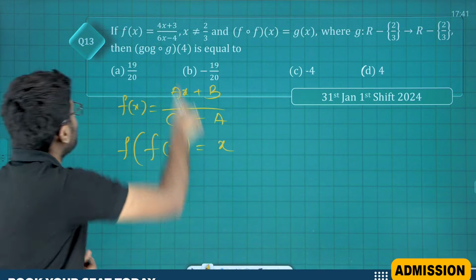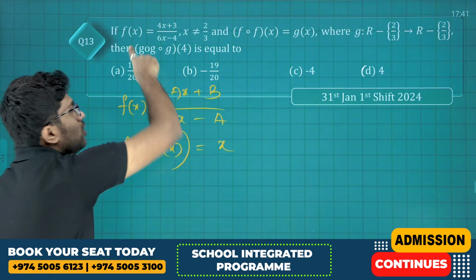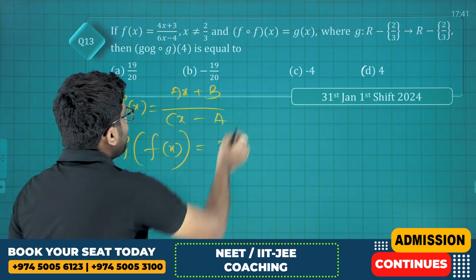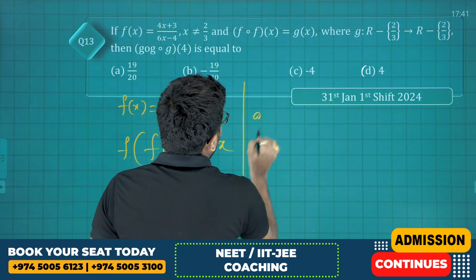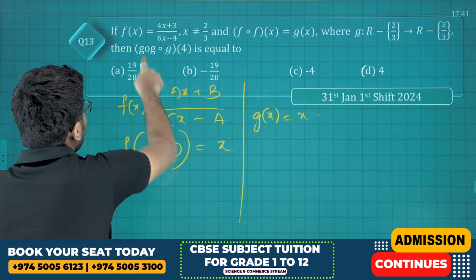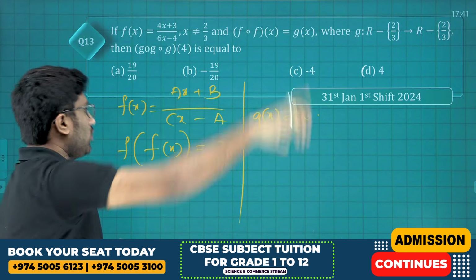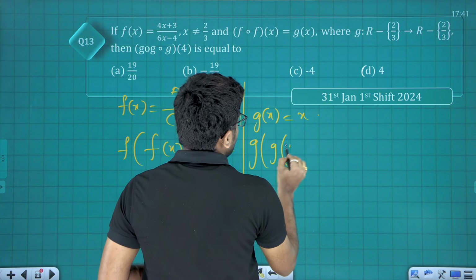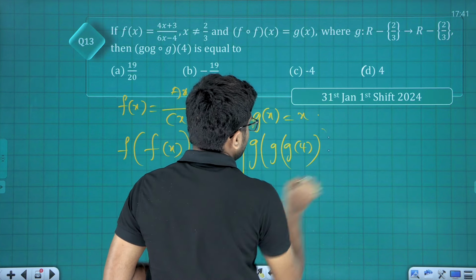Clear? If you wish, you can find f of f of x and you will get x. So directly I am taking from here. Now g of x will be equal to x. Okay. Now they have given g of 4. What is g of 4?